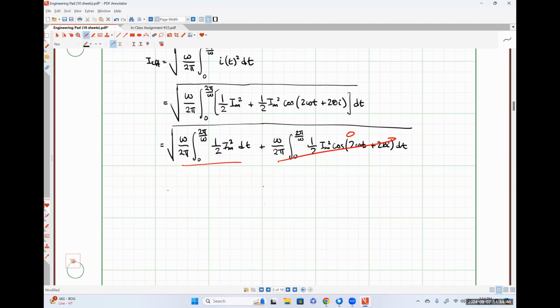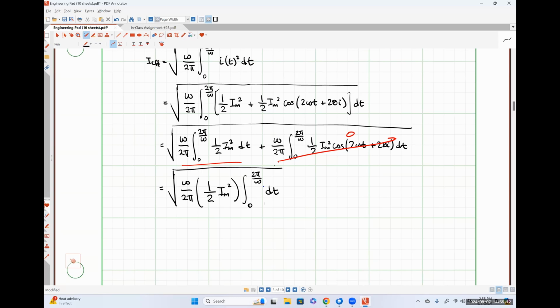So moving our constant terms over, we have omega over 2 pi times 1/2 the magnitude of our current squared times the integral from 0 to 2 pi over omega of dt.